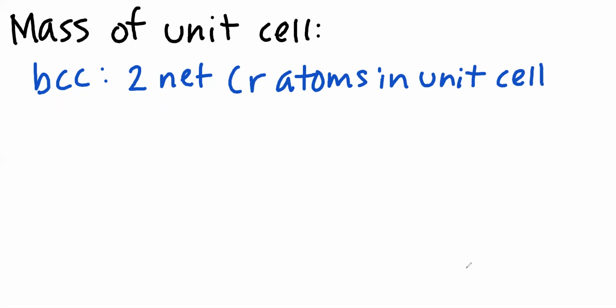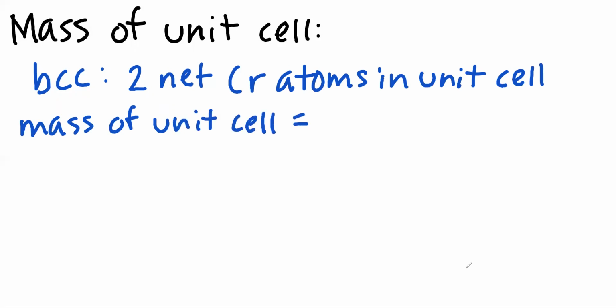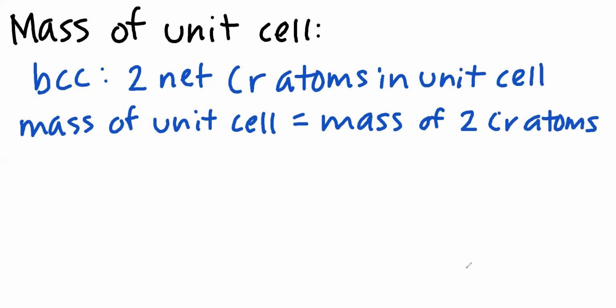So to find the mass of the unit cell, we need to find the mass of two chromium atoms. So that's what I'm going to start with in my calculation.